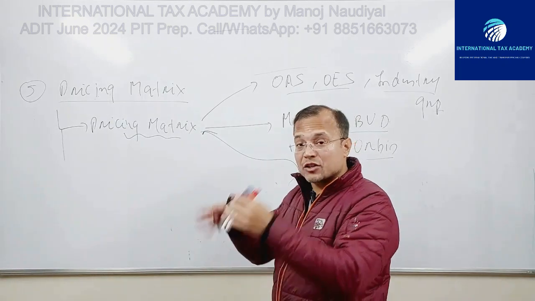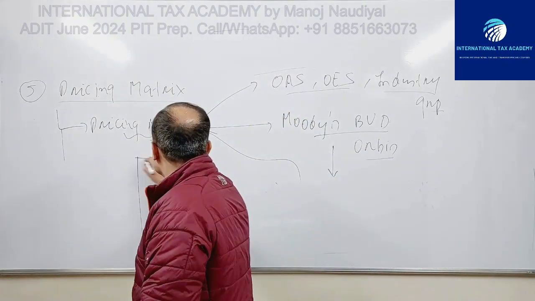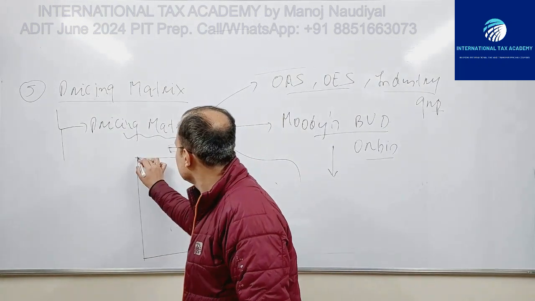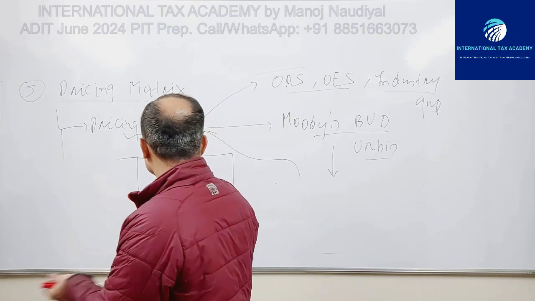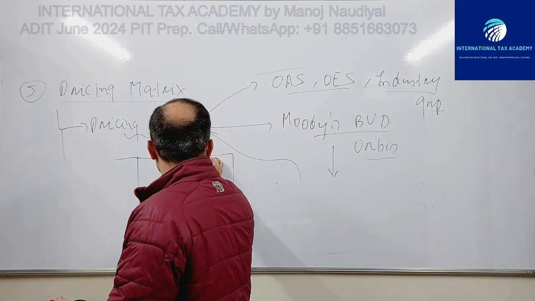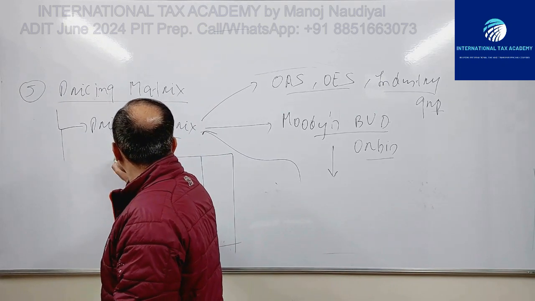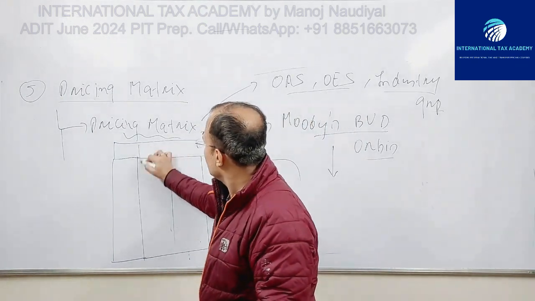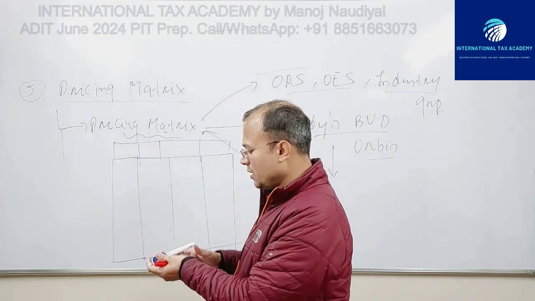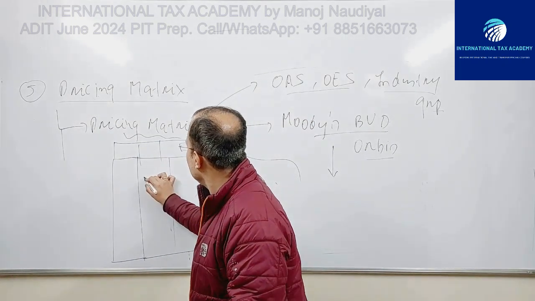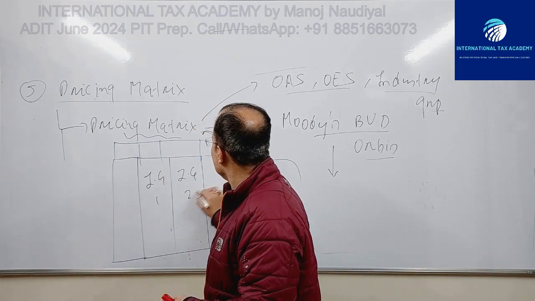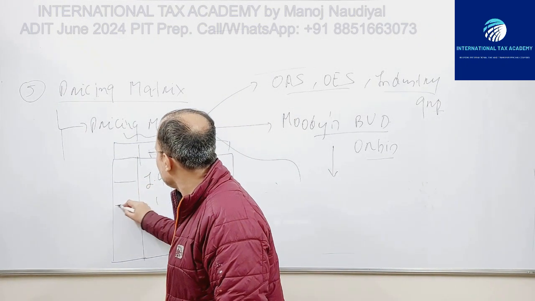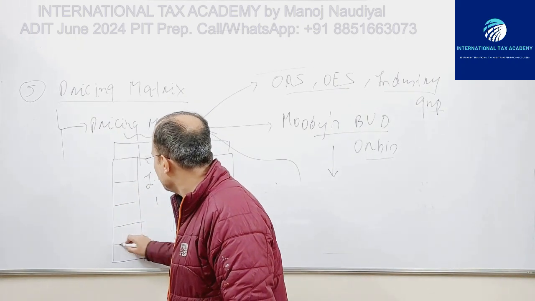So the pricing matrix is actually a matrix. It has 3 vertical columns, 1, 2 and 3: industry grouping 1, industry grouping 2, industry grouping 3, and then you have 5 rows, 1, 2, 3, 4 and 5.